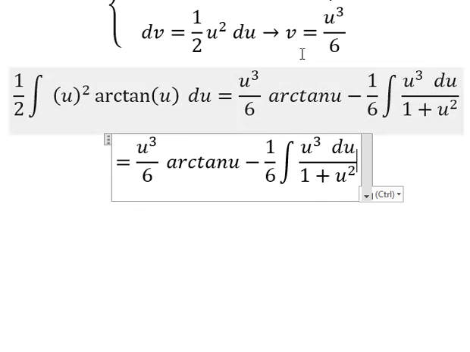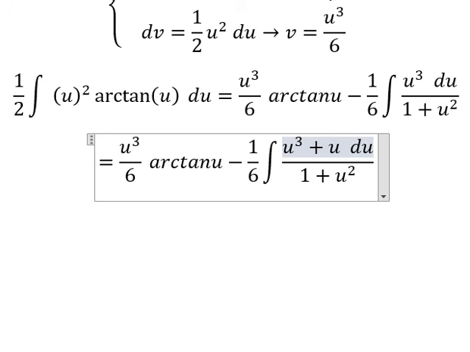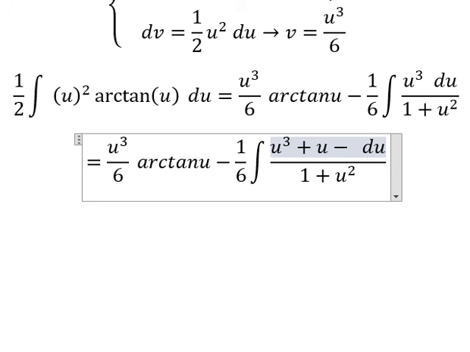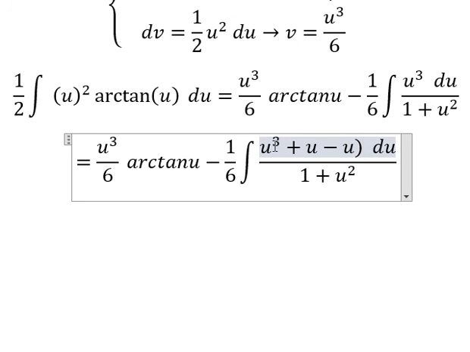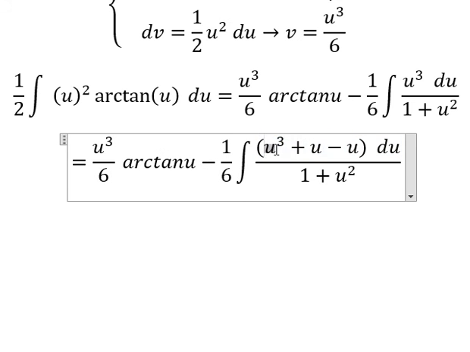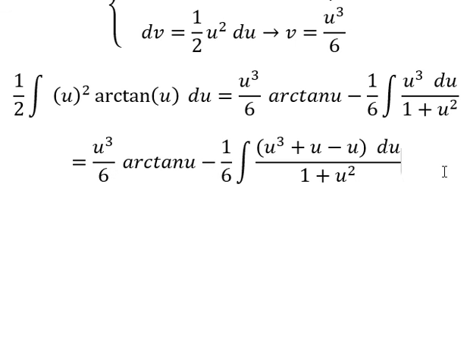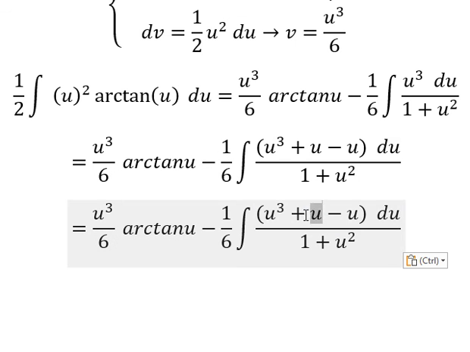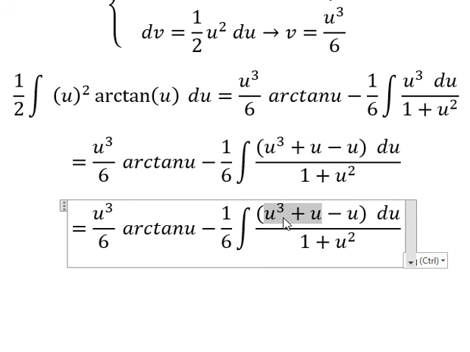So we need to add u, that means we need to subtract u, because I want to create a factor divided by 1 plus u squared in here. So we can do factorization.